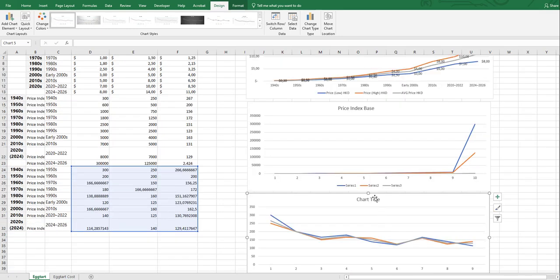Then we created the rolling price index, which is always comparing to the previous period.